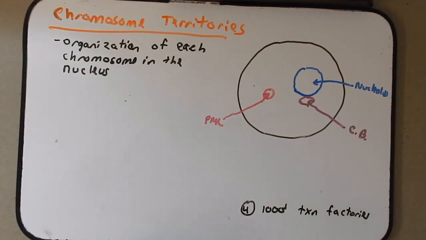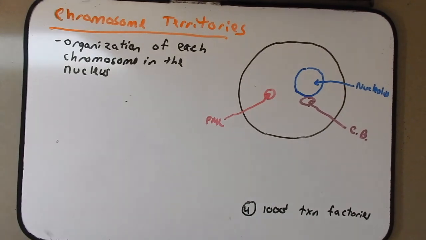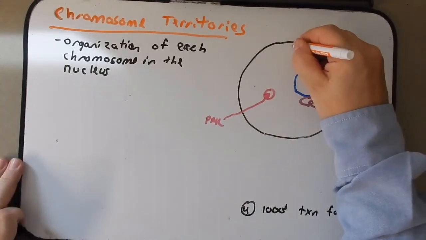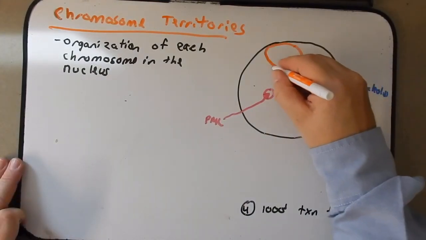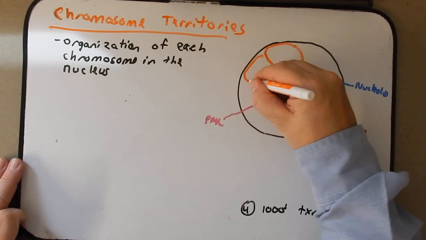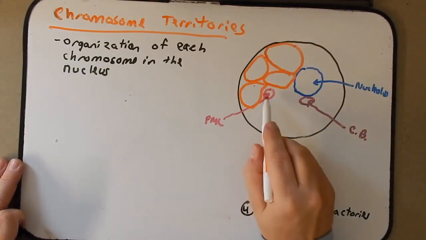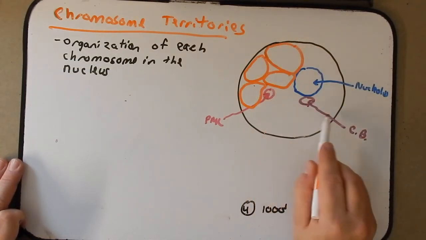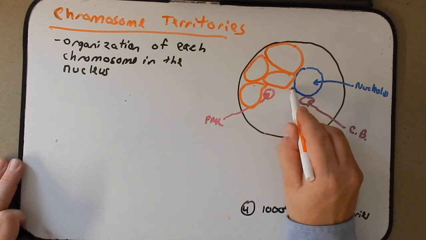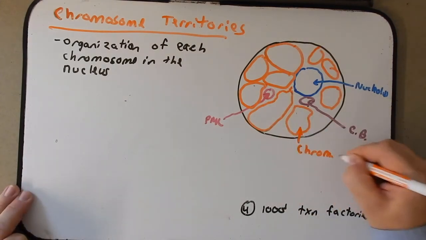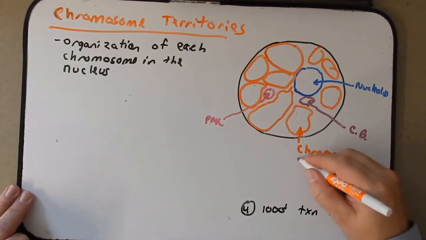And within this chromosome territory, there will be some variability on where different genes are localized based upon their gene activity levels. So for instance, I'm going to draw a few here. They're going to have different shapes to them based upon how big the chromosome is. And you can see I'm wrapping them around these other regions because they are distinct from each other. So these would all be chromosome territories.